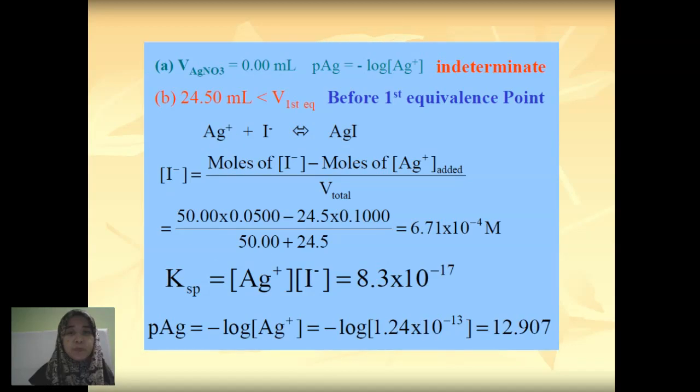So first, before the reaction, at 0 ml, the pAg is indeterminate. Next is before the first equivalent point, which is 24.5 ml, where 25 ml is the equivalent point for the first reaction.